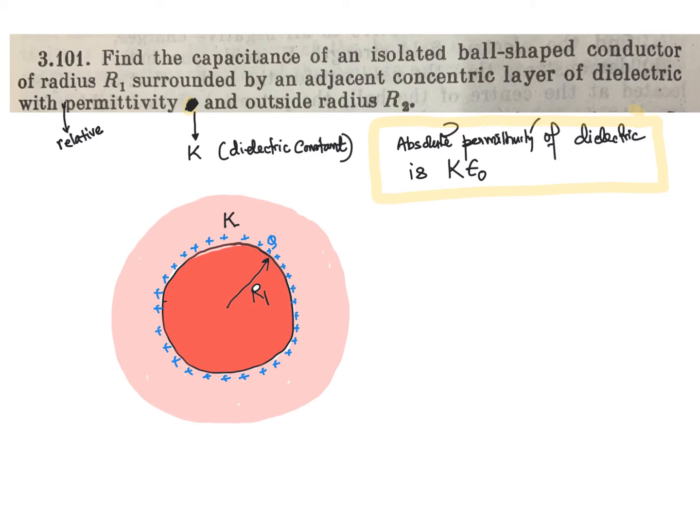These bound charges surround it like this. Negative bound charges here, so minus Qb, and positive bound charges.